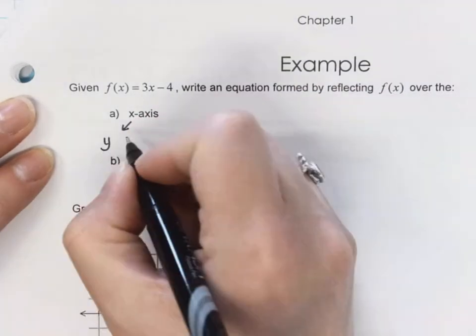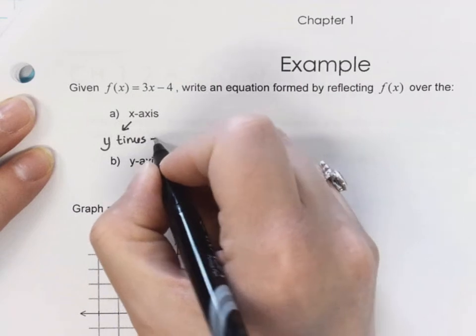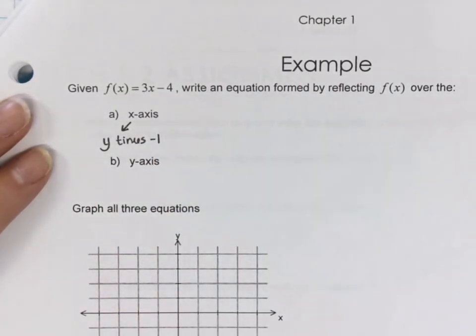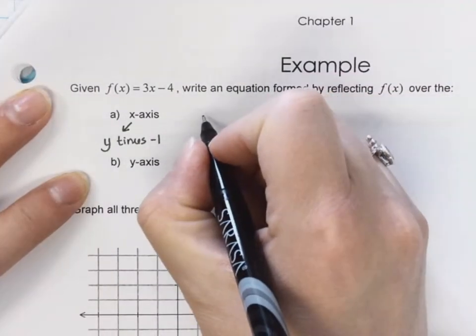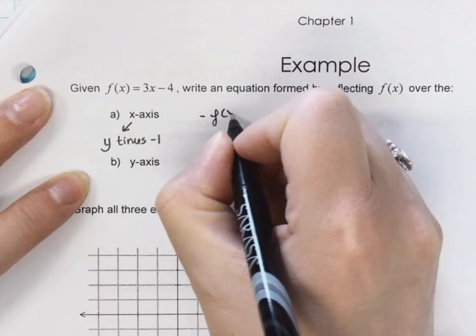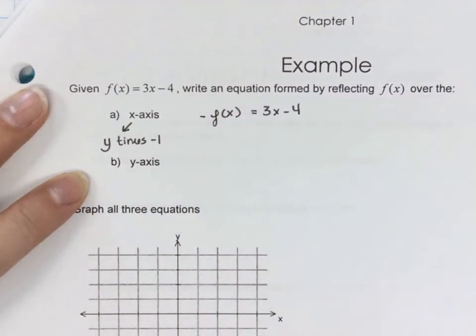Change the y. The y's times -1, right? So when we're reflecting over the x-axis, we're taking our y values and timesing them by -1. So we could say negative f of x equals 3x minus 4.